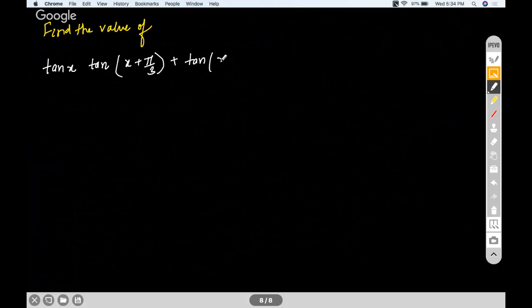Find the value of tan x into tan x plus pi by 3 plus tan x plus pi by 3 into tan x minus pi by 3 plus tan x minus pi by 3 into tan x.